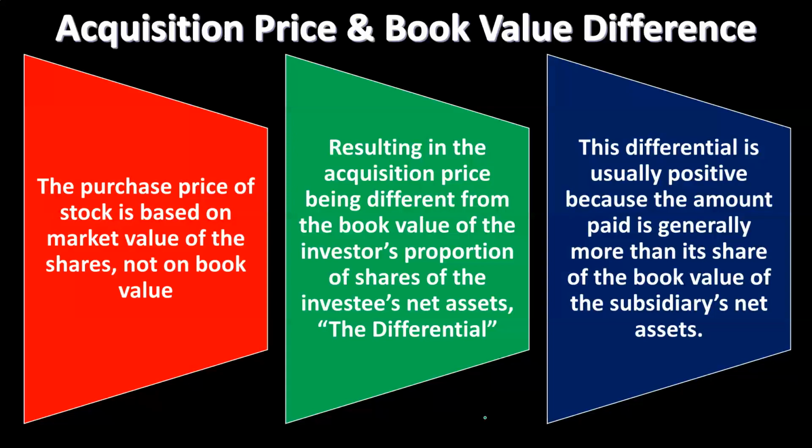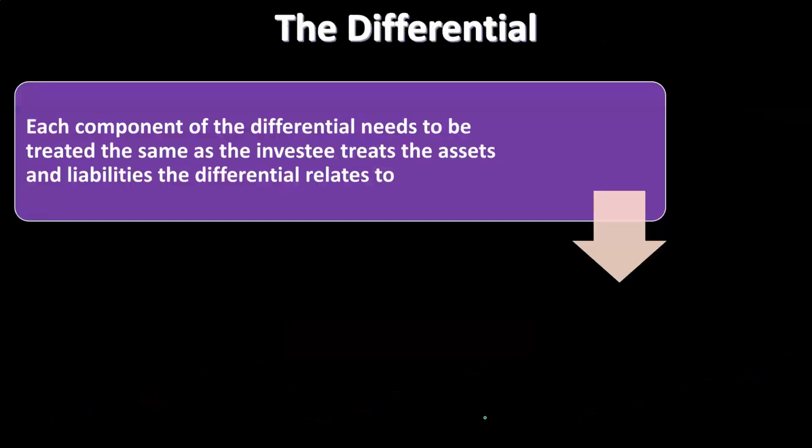The differential: each component of the differential needs to be treated the same as the investee treats the assets and liabilities the differential relates to. So we have to think, what is the differential? It means P paid more for the stock, let's say 100% of the stock of S, than its relative share, which in that case would be 100% of the net assets. Then we have to think about how to allocate that differential.